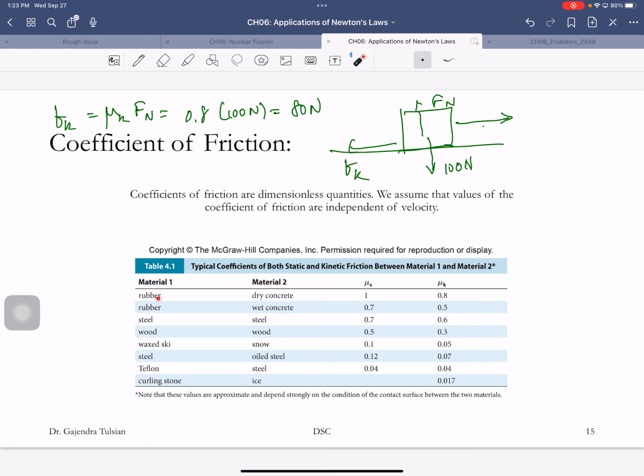If you have a 100 newton rubber block sitting on the concrete, to get it started, you need a 100 newton force. So to get it started, you need 100 newtons, and once you start it, to keep it going at constant velocity, all you need is 80 newtons. That's what those numbers are telling you.